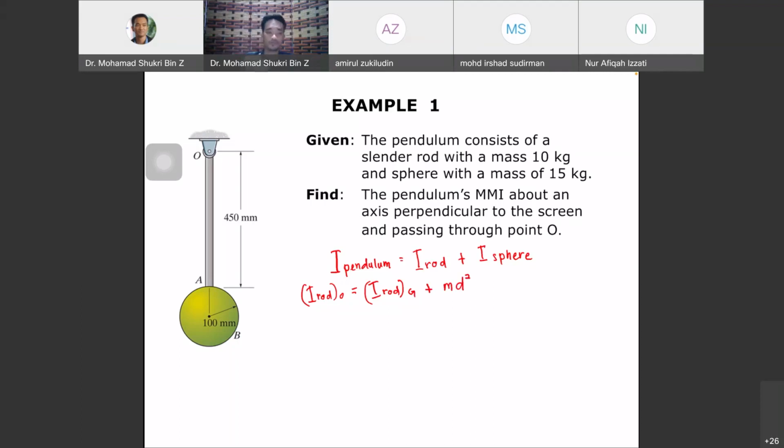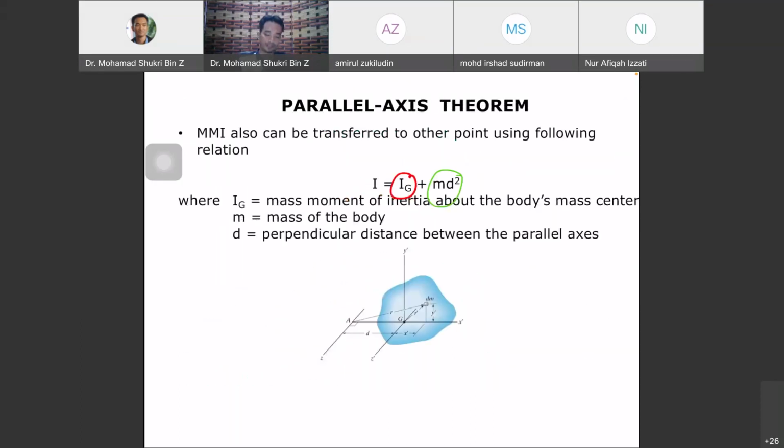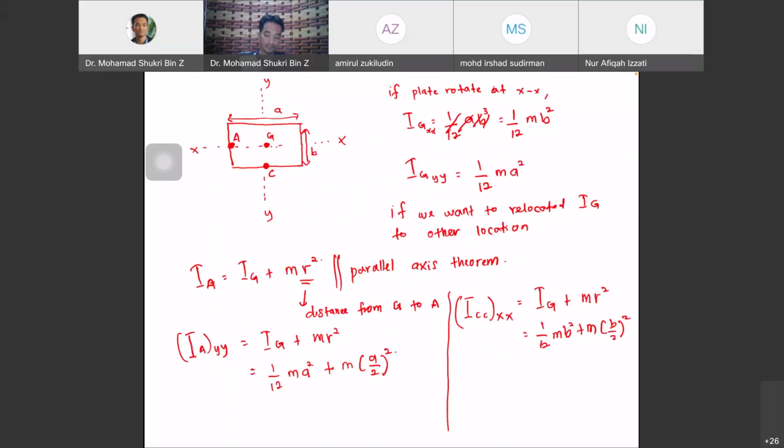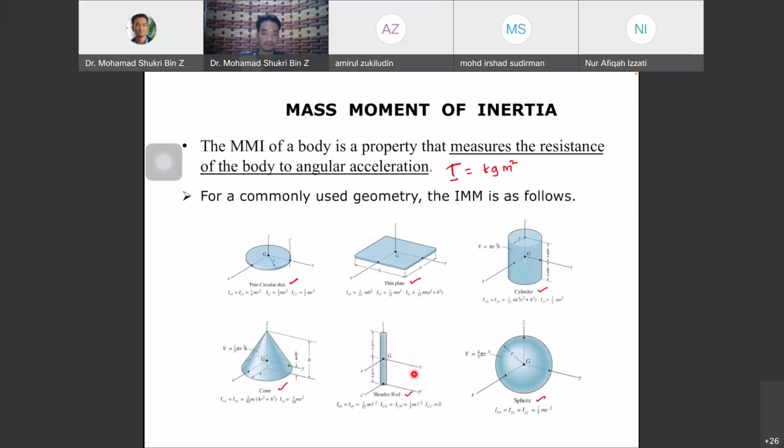Sebab untuk rod, kalau kita lihat balik pada appendix, ataupun boleh refer slide, rod yang bawah ni, data yang diberi untuk IG adalah 1/12 ml square.